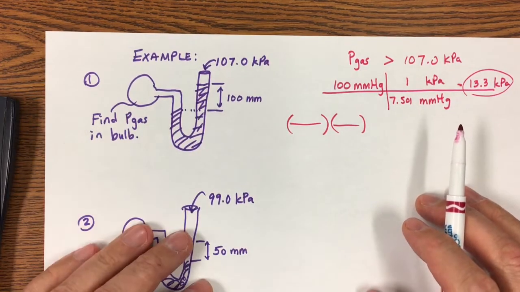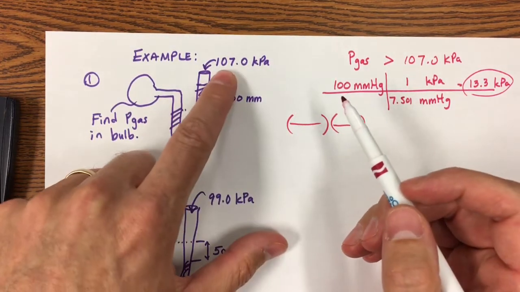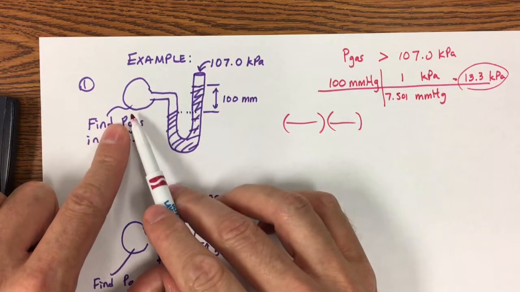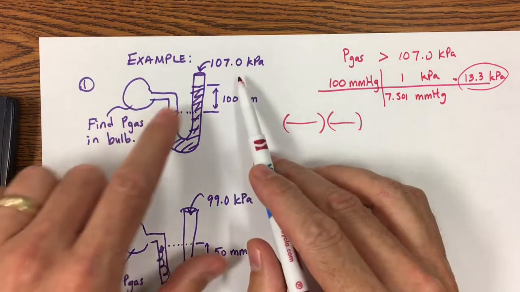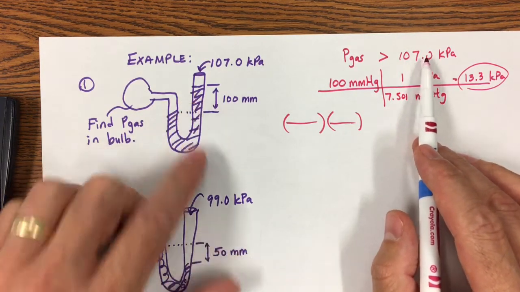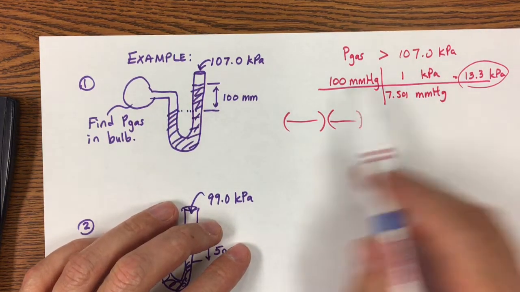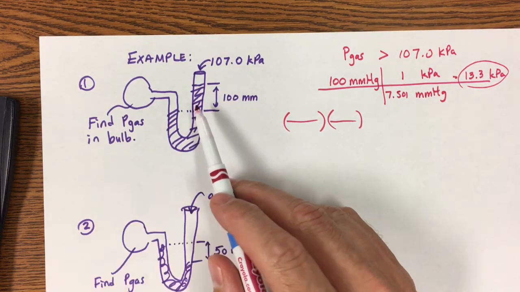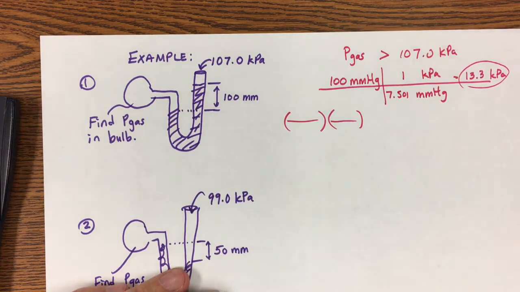So now that I know that, I've got the number 107. I'm looking for the pressure of the other gas, and I know that the 107 should be less than the other pressure. So should I add the difference to the 107, or should I subtract the difference from the 107?